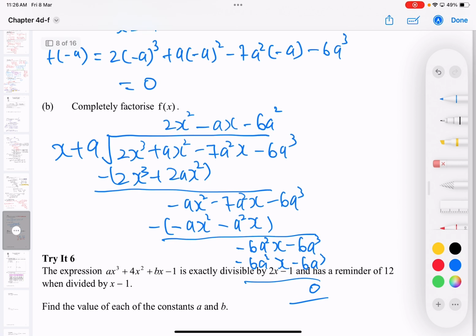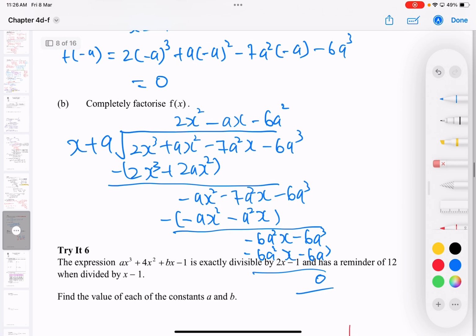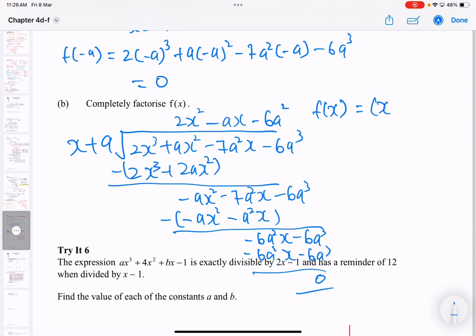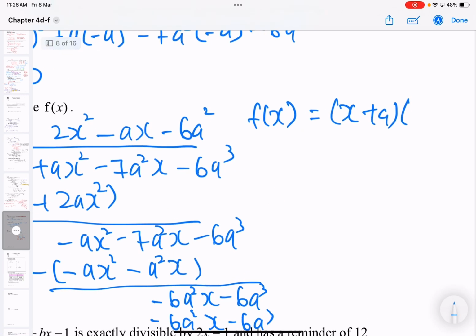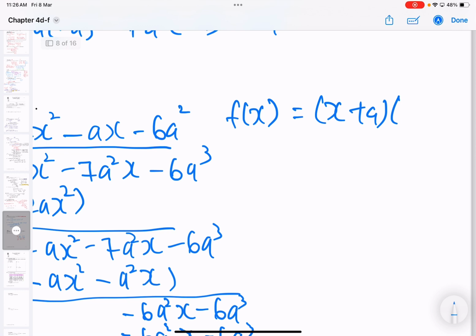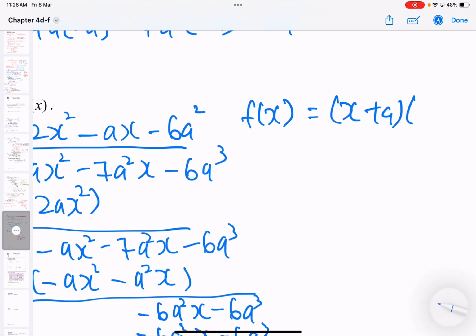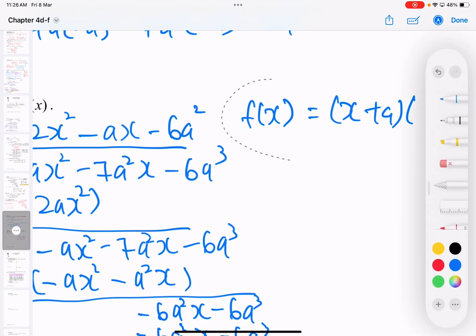Now, if you give me your final answer, if you tell me that f(x) is equals to x plus a multiplied by 2x squared minus ax minus 6a squared, let me shift this because I'm running out of space.